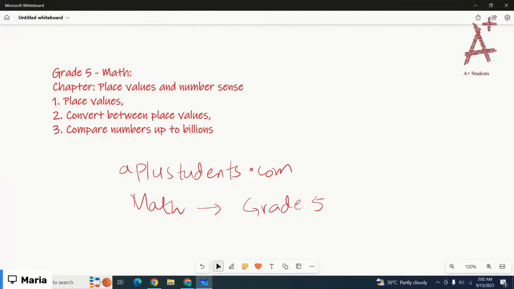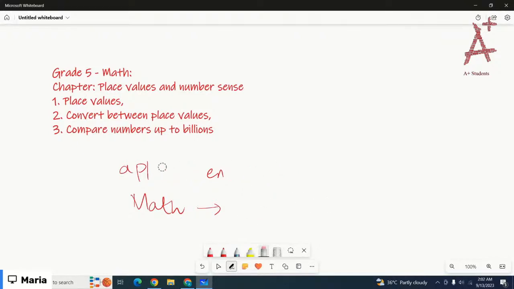First, we are going to learn what place values are and how we use them, right? What is place value?